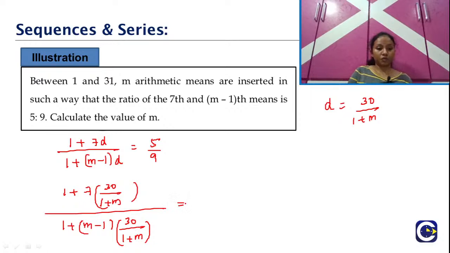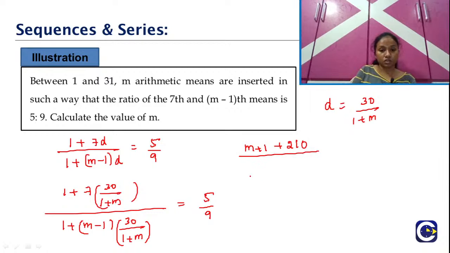Now I hope we can take the LCM and eliminate this (m plus 1) or (1 plus m). So it will be m plus 1 plus 7 into 30, that is 210, divided by m plus 1 plus (m minus 1) into 30, that means 30m minus 30.